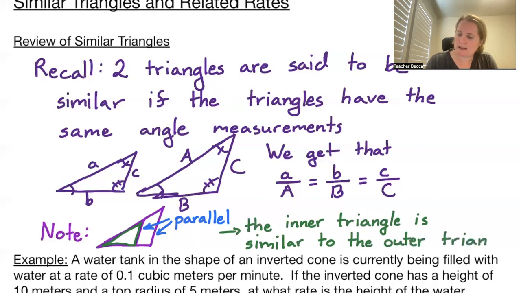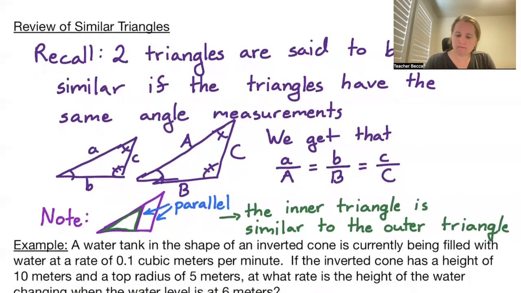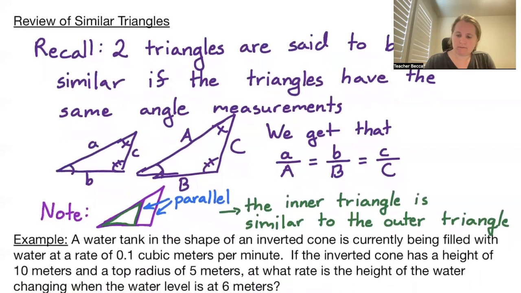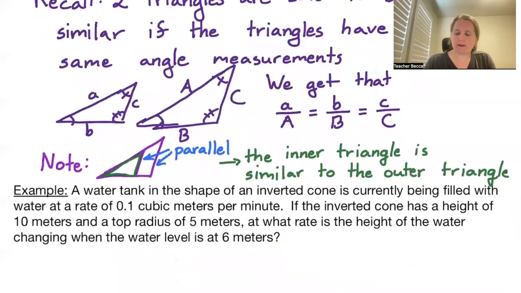So this comes in handy with related rates. We often have situations where essentially we have an inner triangle inside of an outer triangle, and it turns out we just have similar triangles, right?